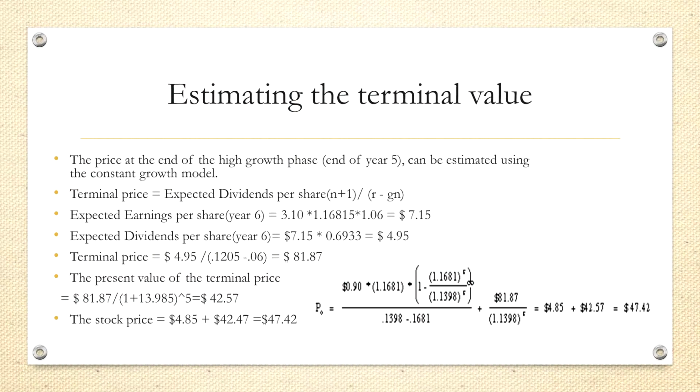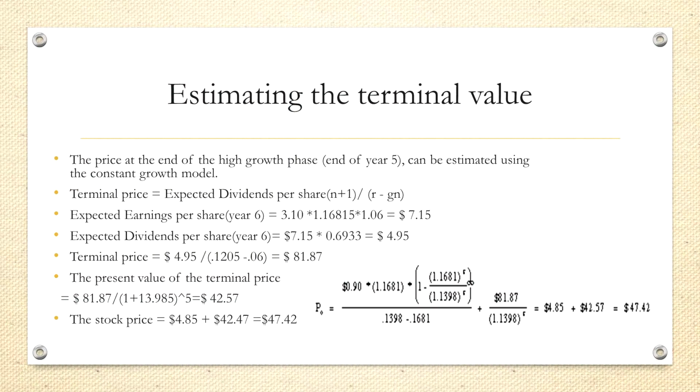Then you apply the Gordon growth model to calculate this terminal value, D6 divided by the difference between the constant growth time period required rate of return, 12%, and the growth rate during that constant growth time period, which will give you $81.87 of the terminal value of the company. But this terminal value is a future value. We need to discount it back to today, which is equal to $42.57.